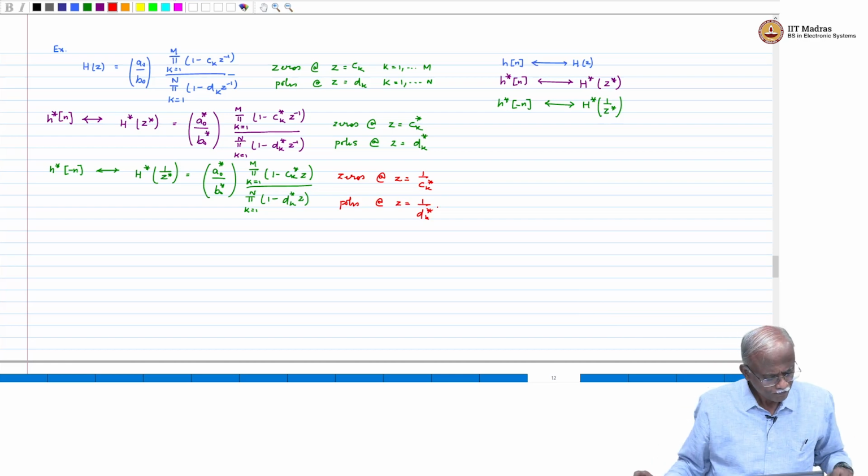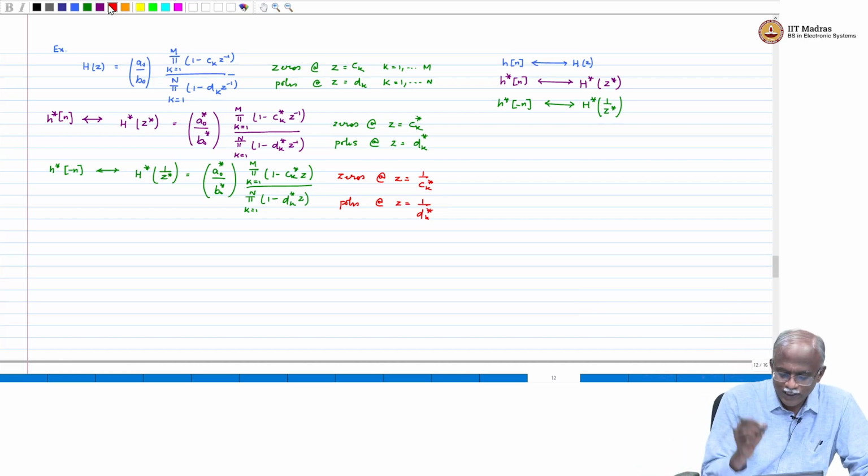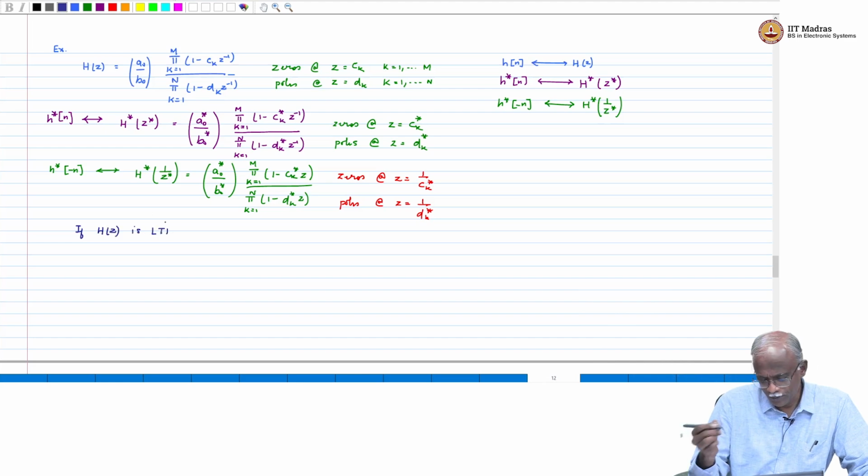Okay. Good. Now, why did we do all of this? For a very important task. If h of z is LTI, that means it has impulse response h of n, which is causal and stable. This LTI system is causal and stable.